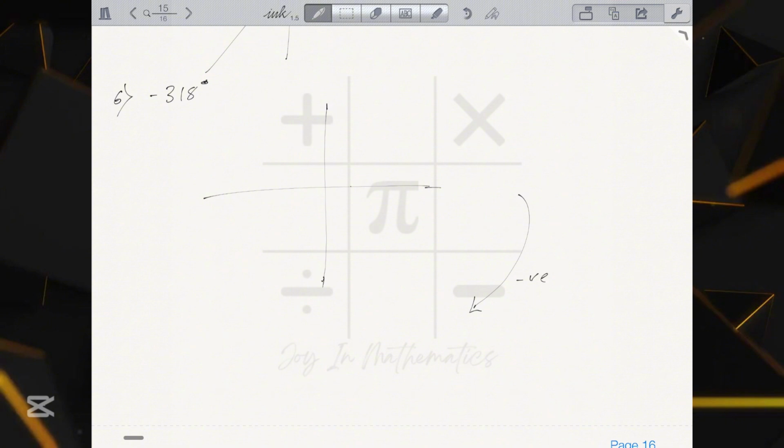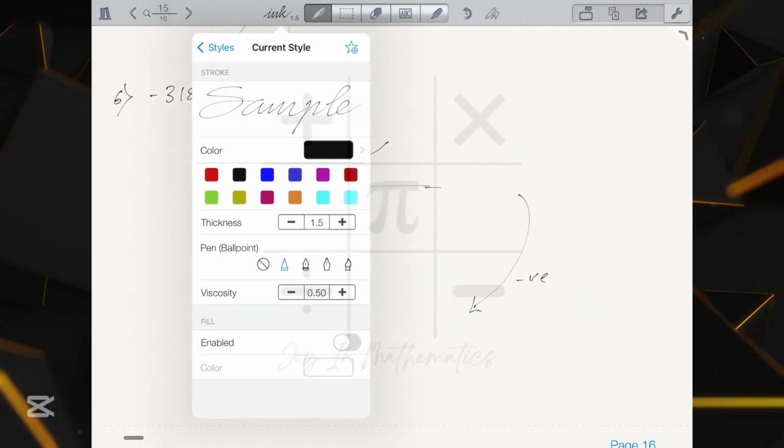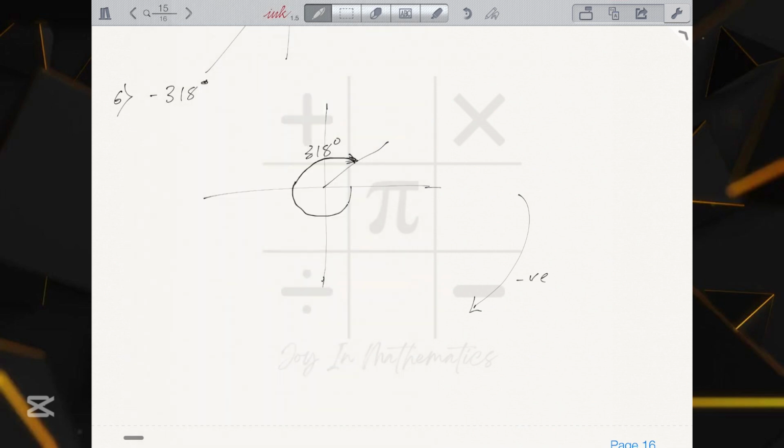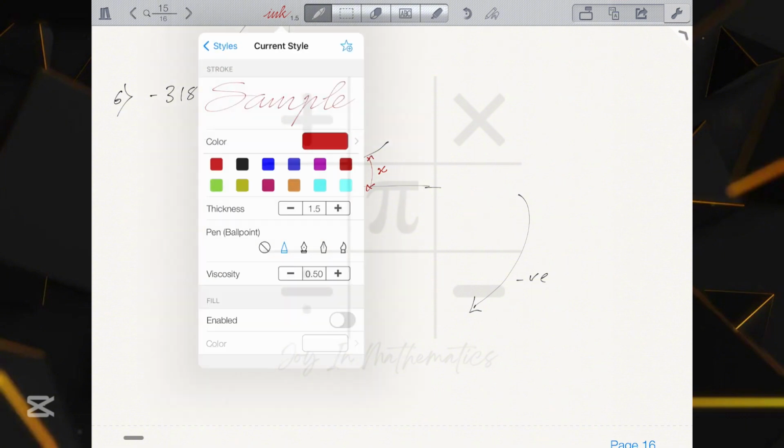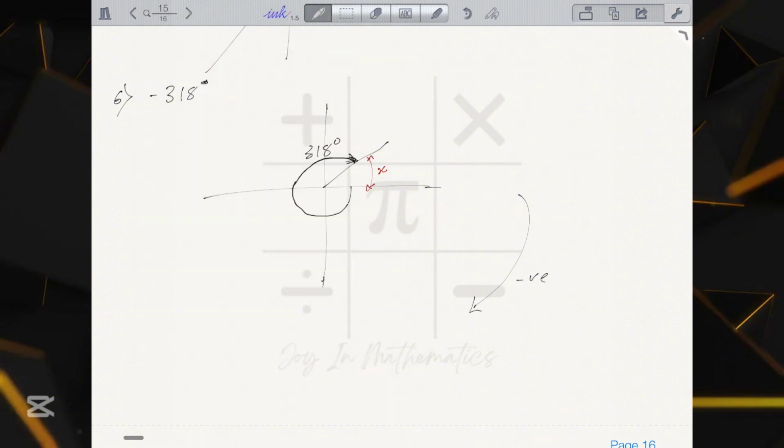It moves to 90, goes to 180, and we have minus 318 degrees. So the related acute angle in this case will be what? x. The question now is, what quadrant does this fall into? This falls in the first quadrant.